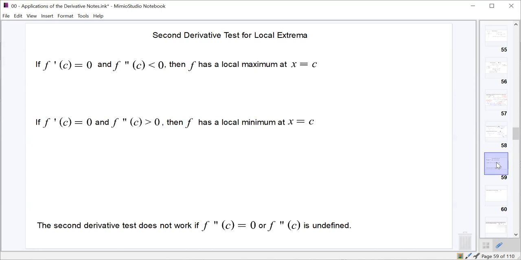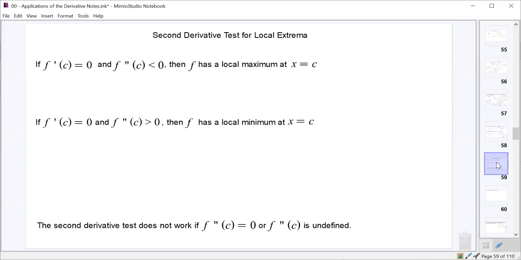So the last thing we're going to do today is talk about a second derivative test for local extrema. We've already figured out a first derivative test for local extrema, and we're still going to use that to some degree. But the second derivative test is going to allow us to determine if that critical value is a max or a min without making the sign chart every time.